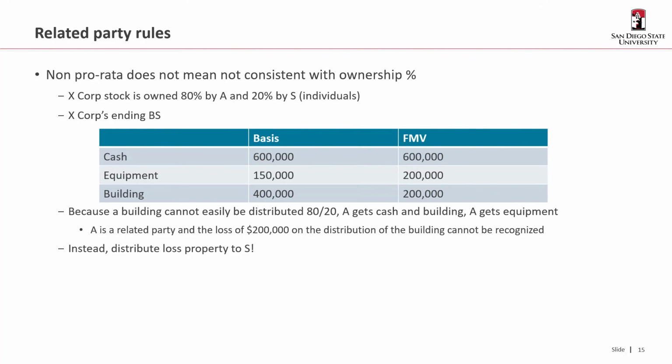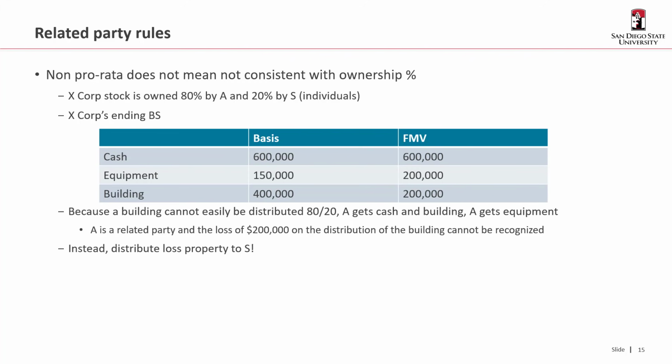So let's say that A gets cash and building. A gets equipment. I think that's supposed to be B gets the equipment, but maybe I'm wrong. So if A's a related party, there's only a loss on one of these items, and that's the $200,000 on the building itself. Notice that the market value of the building is lower than the basis of the building.